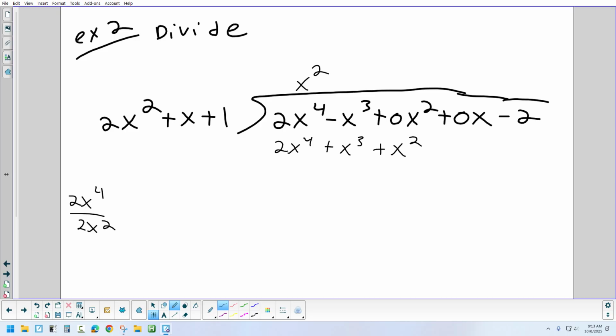Okay. Now we've got 3 columns. And what are we going to do with those columns? We're going to subtract them. 2x to the 4th minus 2x to the 4th is gone. What's negative x cubed minus x cubed? Negative 60.